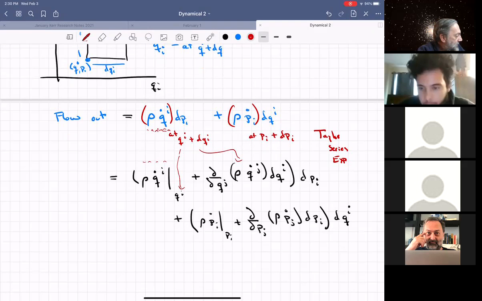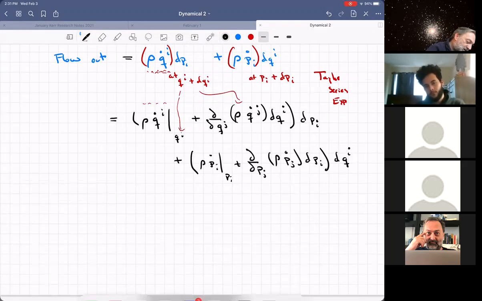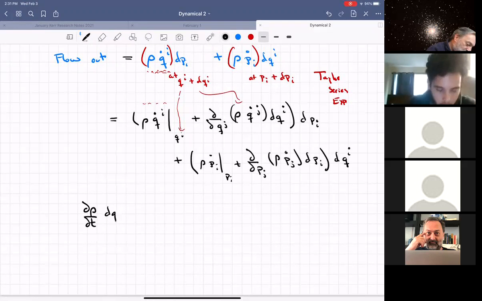Everybody good? Following? So now, what I wanted to get at, though, was how the density is changing in time in this region of space. So the way that rho is changing in time in the volume, dqi dpi, would be equal to the flow in minus the flow out.